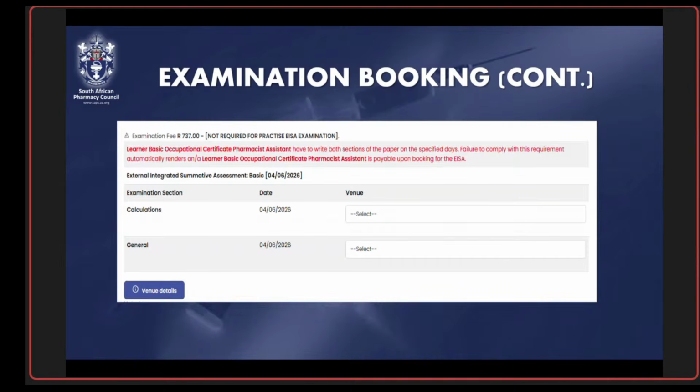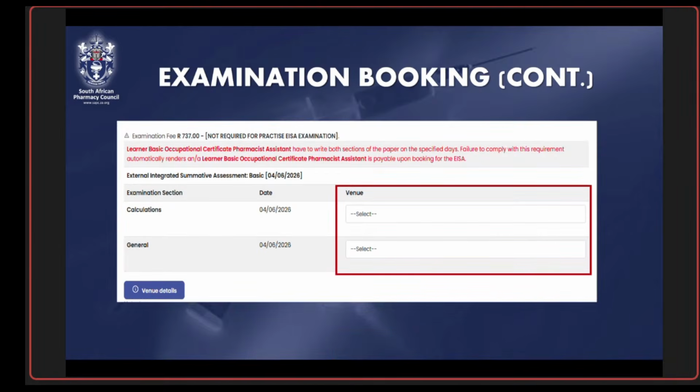So if you do qualify to write the EISA, you will be able to see the screen. What you're seeing right now is the current booking that's open, which is the practice EISA. You see that the date is there, which is the 4th of June. You should be able to then select the venue where you intend to write, for both the calculation and the general section. Because this is a practice EISA, you will see it says the examination fee is not applicable, because you do not pay for the practice EISA.